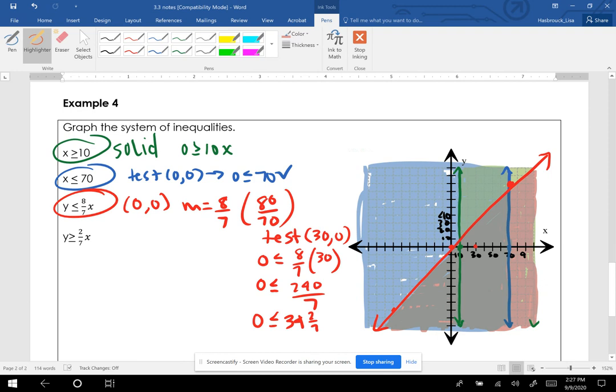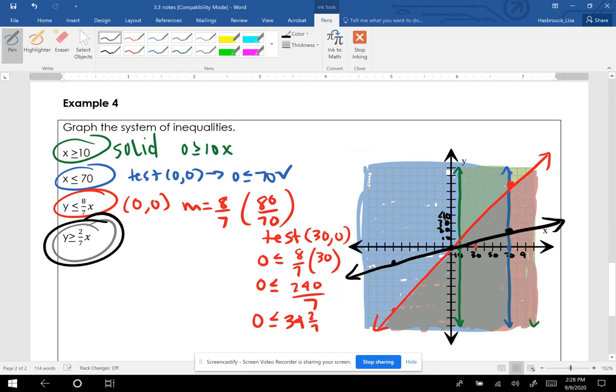Now, let's do our last problem. For this one, it starts at 0, 0 again, except for this time it's 2/7, so 2 on t over 70. I'm going to use black. It's getting a little mushy here. And this is a solid line again.